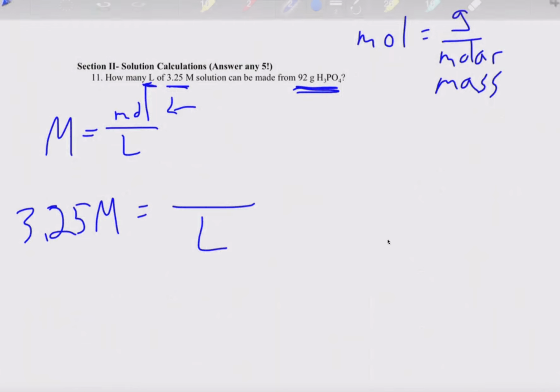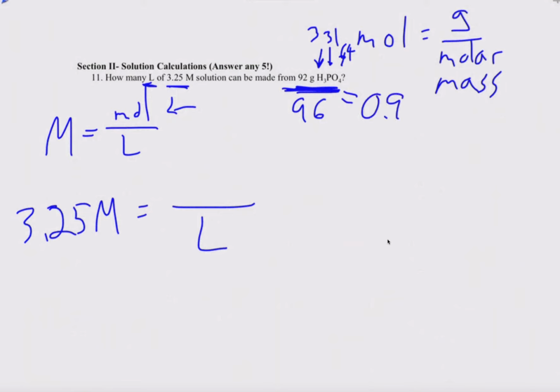So the mass of the hydrogens would be 3, phosphorus is 31, and then 4 times oxygen, 4 times 16 is 64. If I add that together, I get 96. So if I divide 92 by 96, the number of moles is 0.958 moles. So now I have moles. I can plug that back into my equation over here.